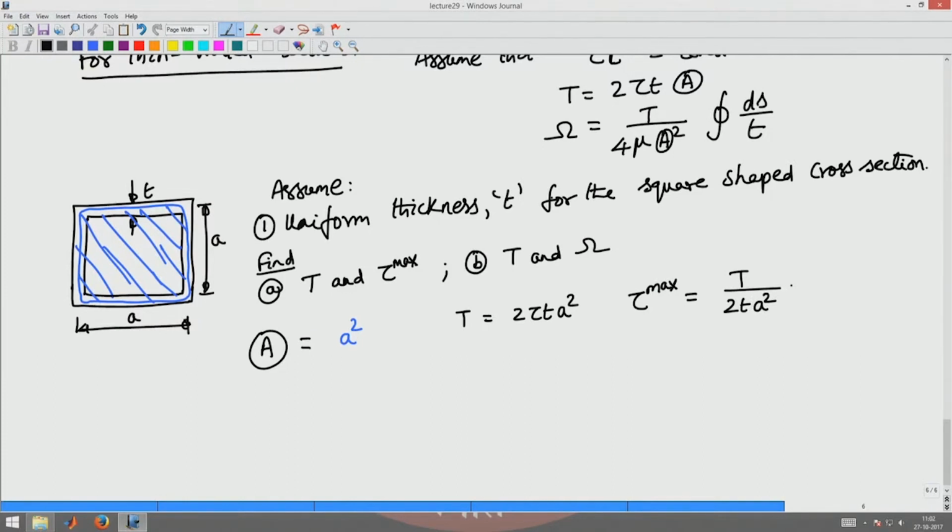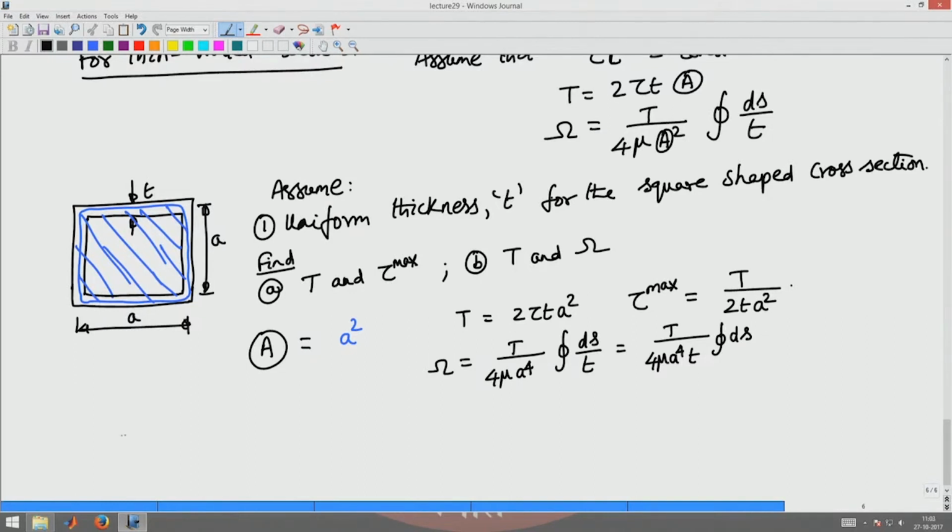Similarly, the angle of twist is now given by T by 4 mu A power 4 times the line integral ds by T. T is uniform in this cross section, so I pull that out. So this will be T by 4 mu A power 4 into T times the line integral of ds.